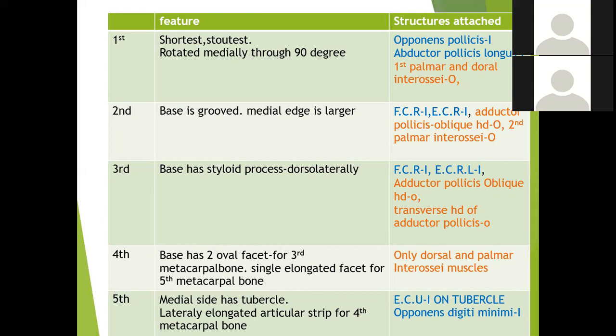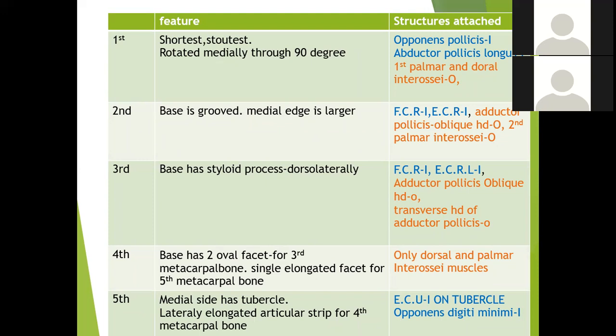So now we are coming to the muscles attached. What are the structures attached? First, the first metacarpal bone gives insertion for opponens pollicis, which is a thenar muscle.